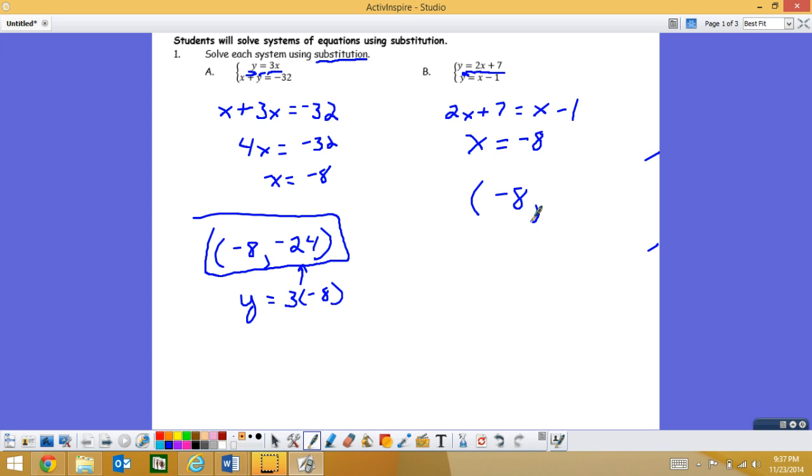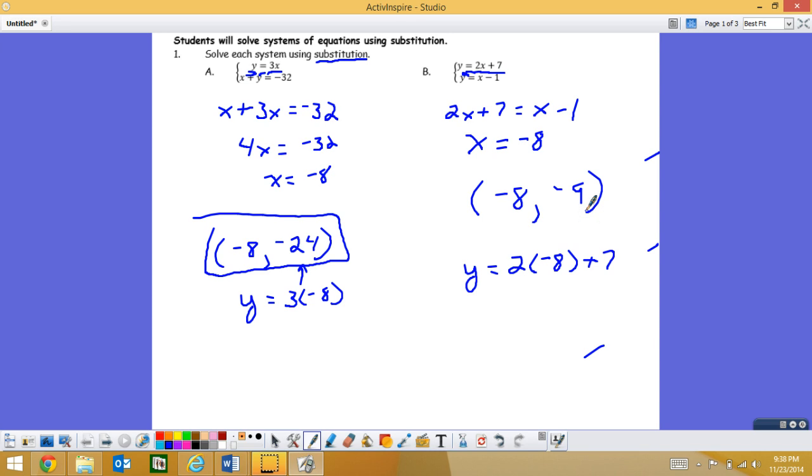To find the y coordinate, plug negative 8 into one of our two original equations. It doesn't matter which one. If we choose the top, y is going to be equal to 2 times negative 8 plus 7. 2 times negative 8 is negative 16, plus the 7 is negative 9.